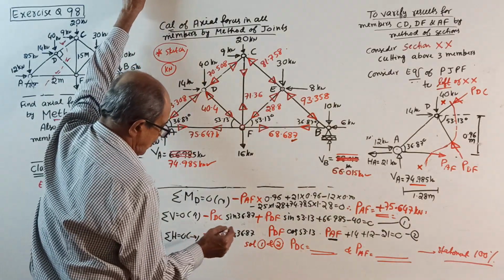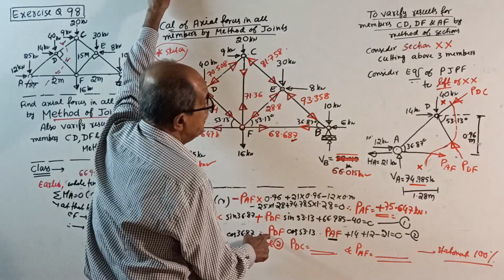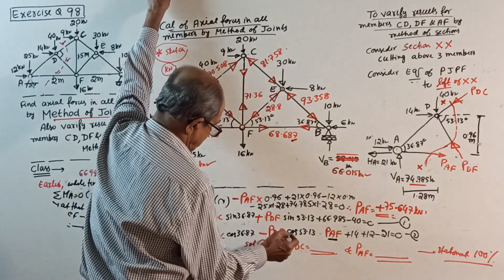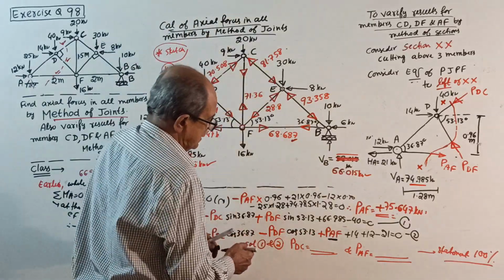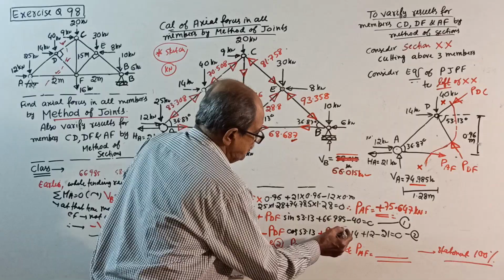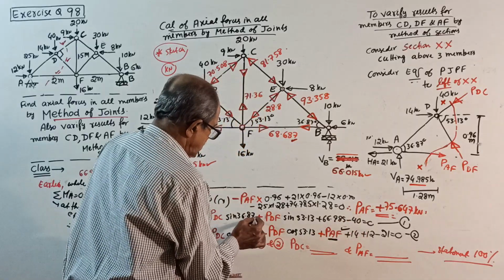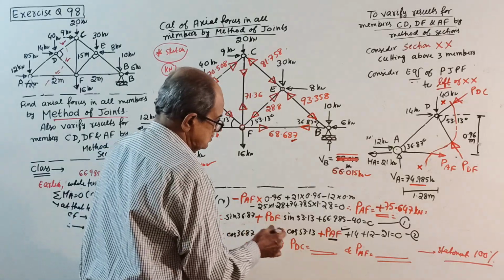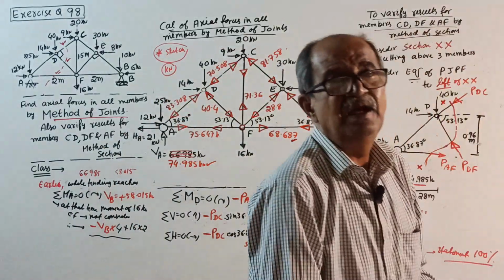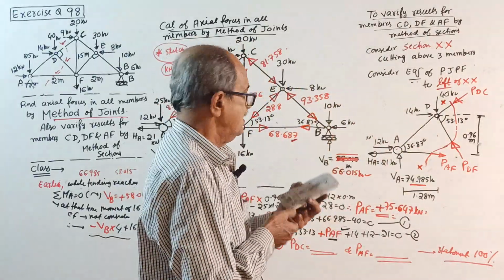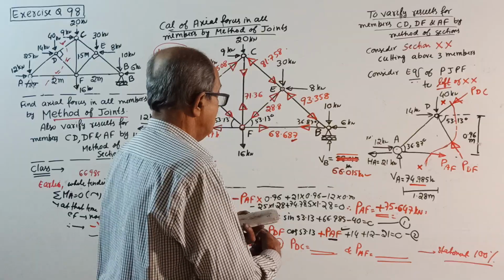Minus PDC cos. Then PDF minus PDF cos. Then plus PAF. Okay. But by this time, PAF is known for you. See, therefore, 2 unknown here, 2 unknown here. Solve. I will not solve. I will take the calculator, do it on the other side of calculator.